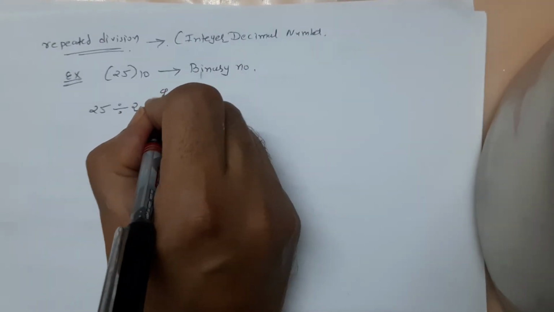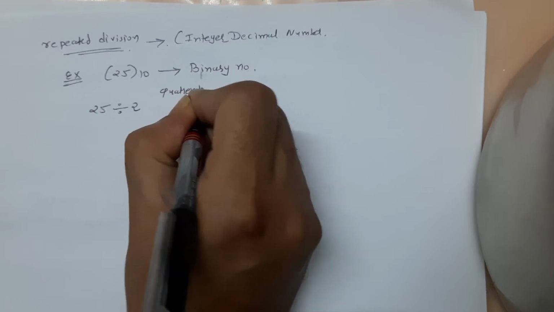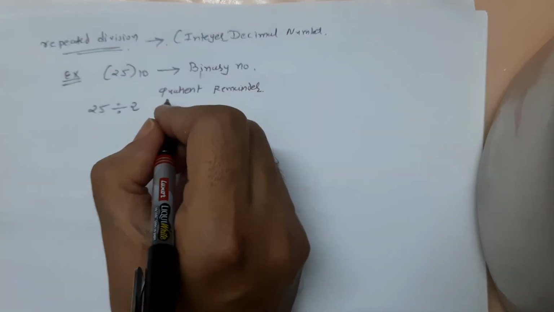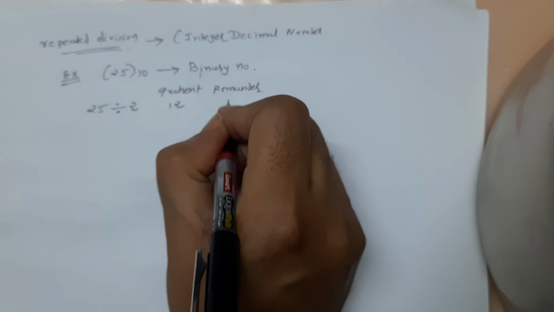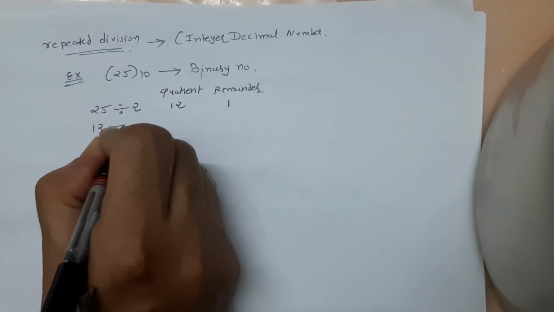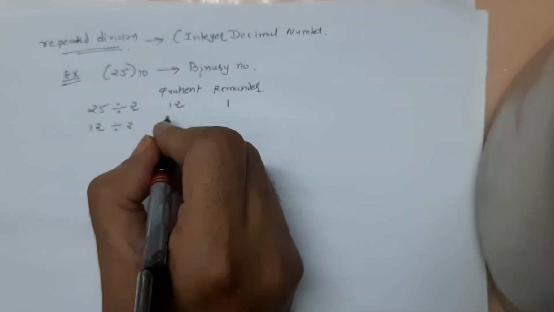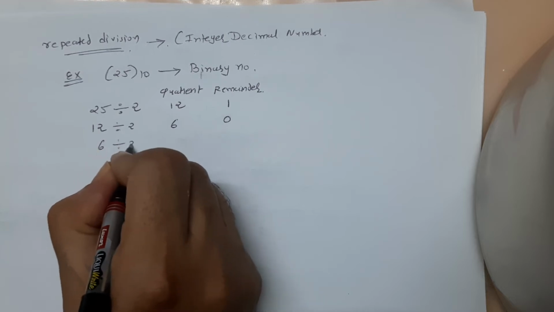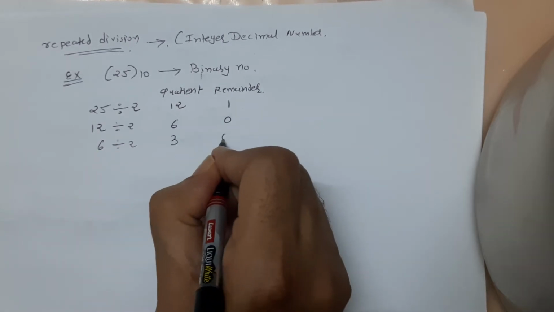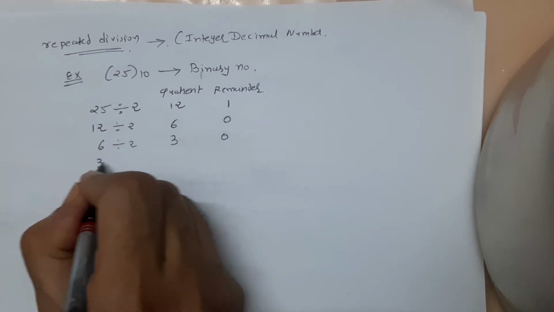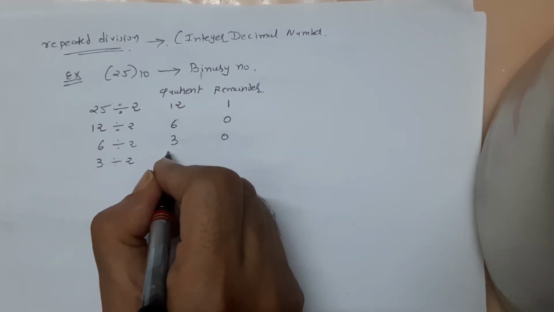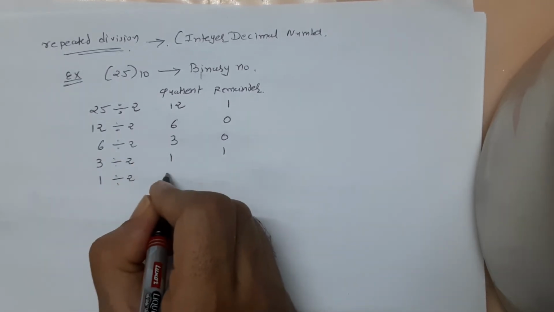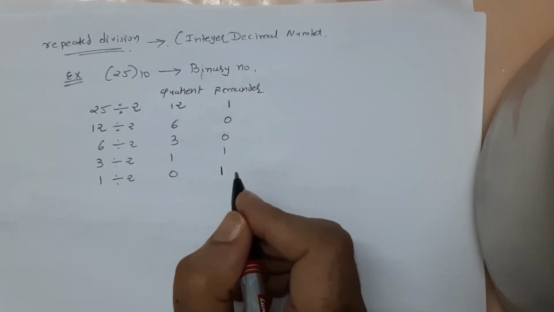So we get a quotient and remainder. 12 quotient, 1 remainder. Again 12 divided by 2, 6, 0 remainder. 6 divided by 2, 3, 0 remainder. 3 divided by 2, 1, 1 remainder. In the same way, 1 divided by 2, then 0 and 1 remainder.